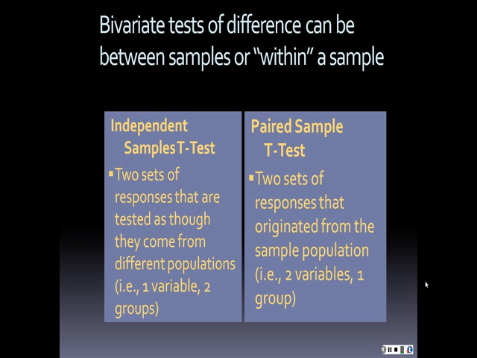First, on average, how many sodas do you consume in a day? And second, on average, how many cups of coffee do you drink in a day? Then we could compare the means for those two variables.